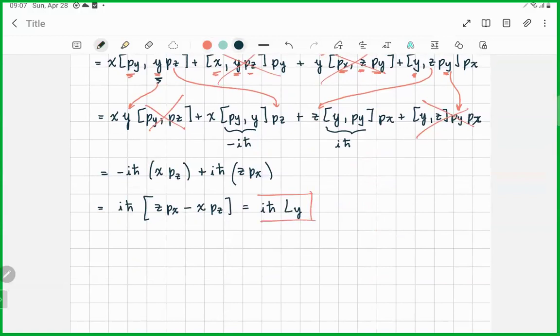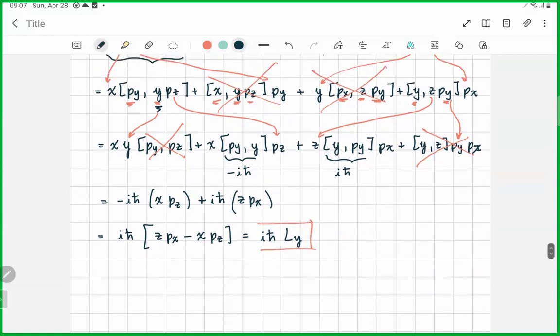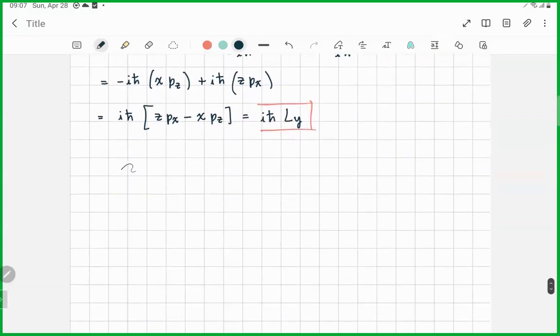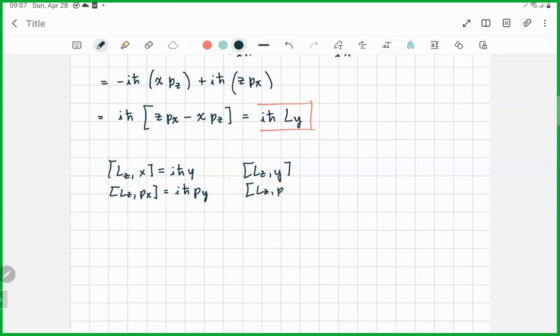But the other way to arrive at the same answer is using these results that we obtained for item A, where we obtain the commutator between Z and X and Z and PX, PY, and then LZ with Y and LZ with PY. So let's write what the answers are.